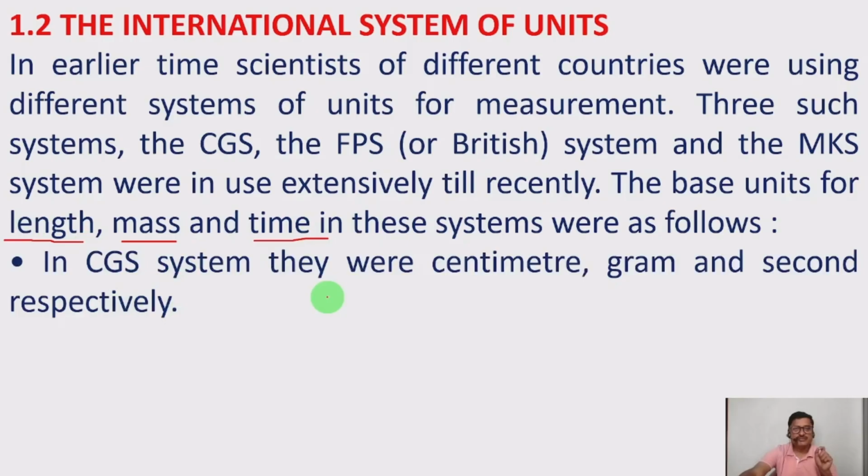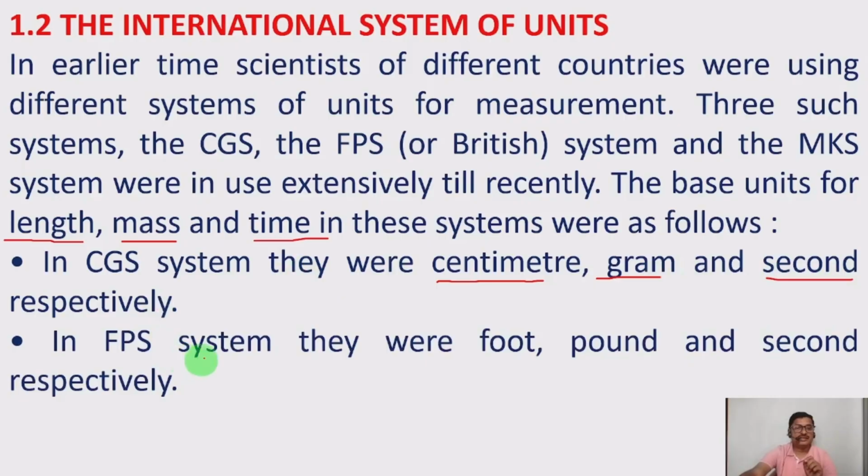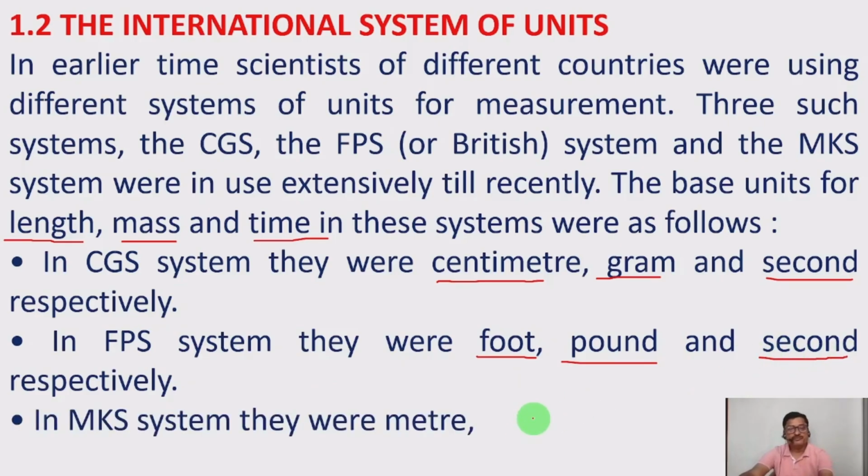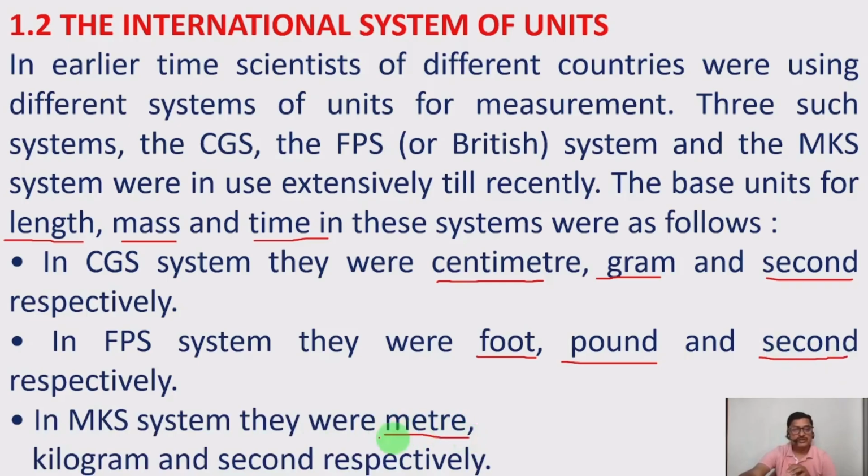In the CGS system, they were centimeter, gram, and second respectively. In the FPS system, they were foot, pound, and second respectively. In the MKS system, meter, kilogram, and second respectively.